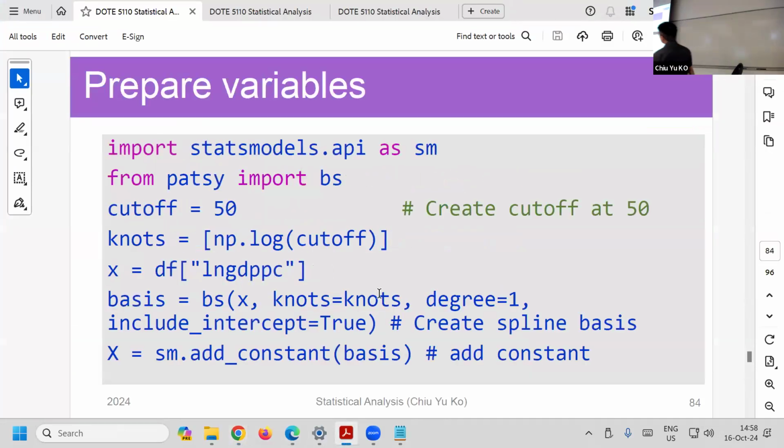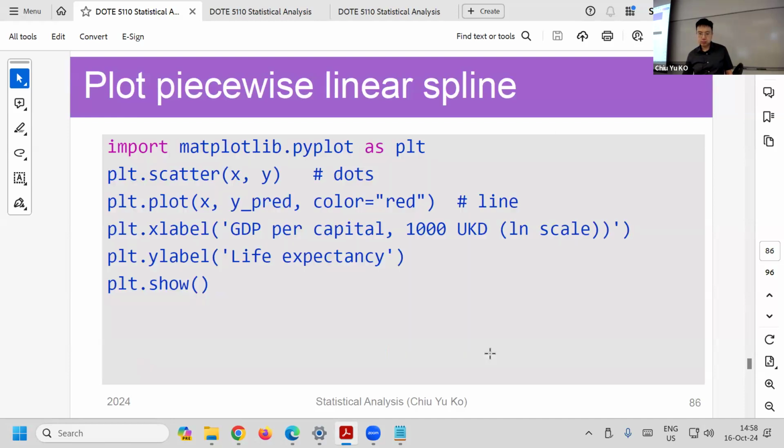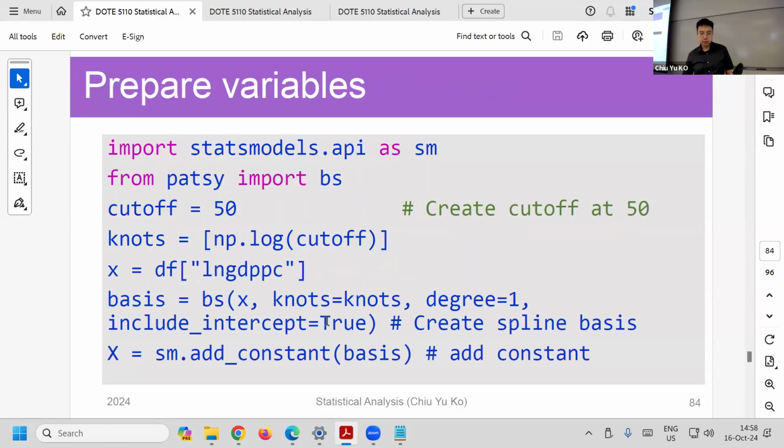Then what we're going to do is cut off at 50. And why do we do that? Because the graph looks like that, right? You look at the scatter plot, and they want to cut somewhere here. The log of the cutoff of 50 is around 4 because it's exponential. So x is here, and then you tell it to create a basis, add a constant, and run it.